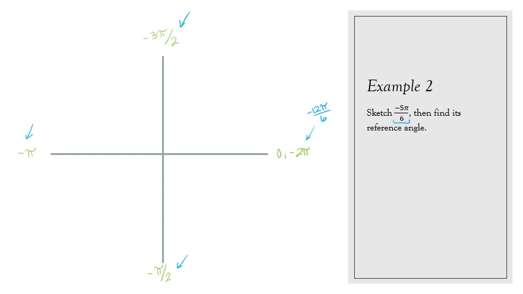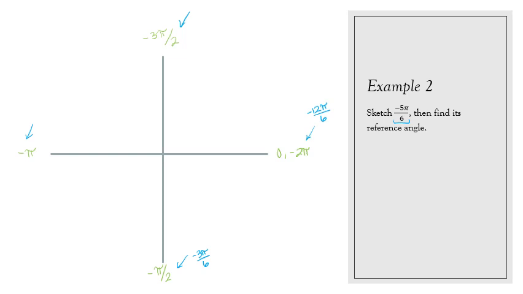Okay, I'm going to do that for the other 3 here. So negative pi over 2, if I were to represent that in terms of sixths instead, I would have negative 3 pi over 6.